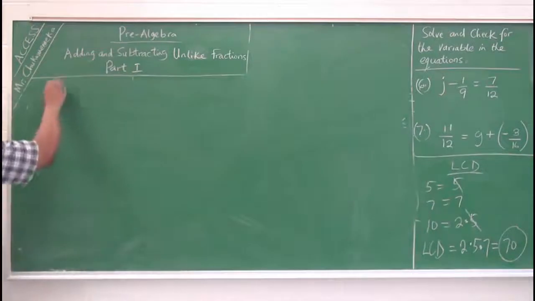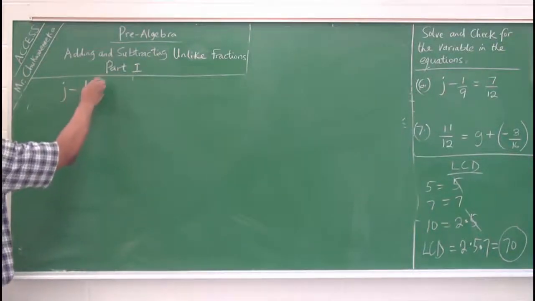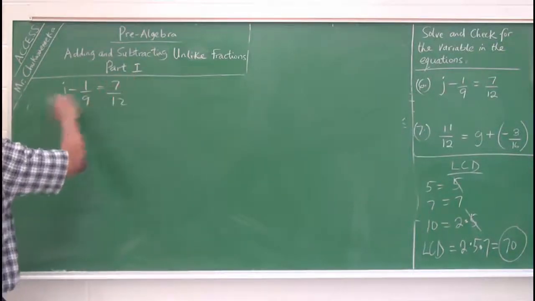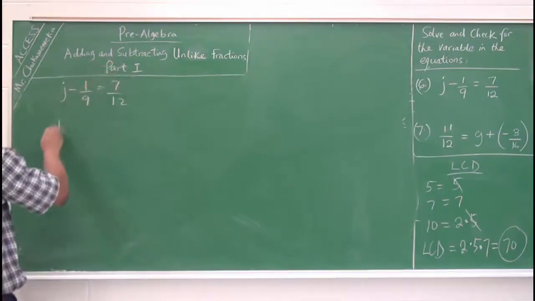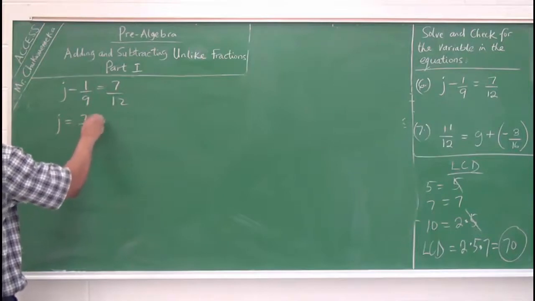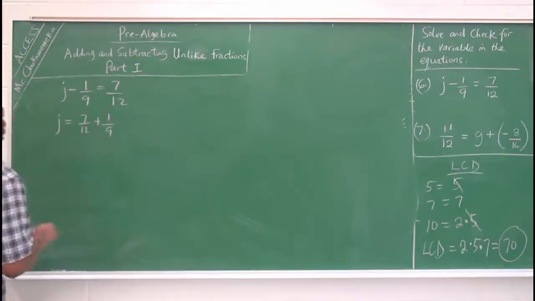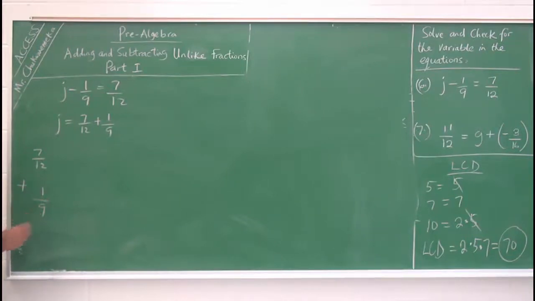J minus 1 over 9 equal to 7 over 12. Okay, so we move this constant to that. J will be 7 over 12 plus 1 over 9.